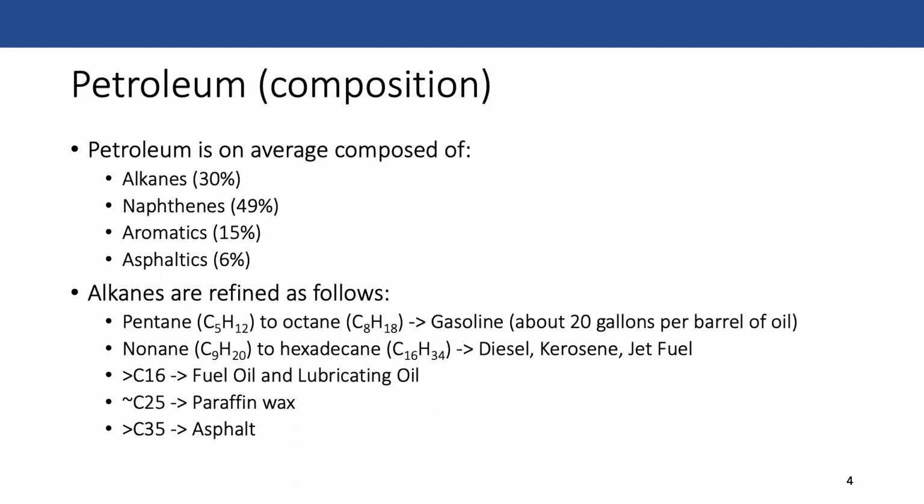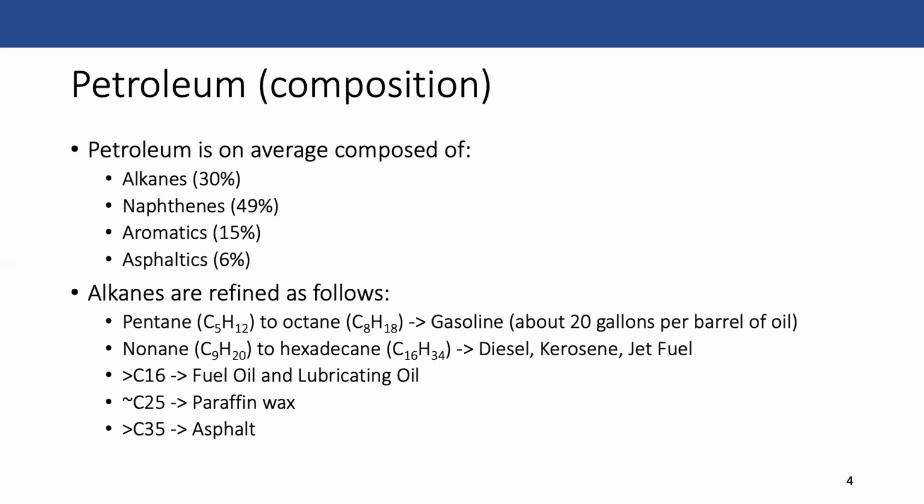For a barrel of oil, and just as reference, one barrel of oil contains about 42 gallons of liquid. Of that 42, you're getting on average about 20 gallons of gasoline. And those are the small end alkanes. Then everything from 9 carbons up to 16 carbons.